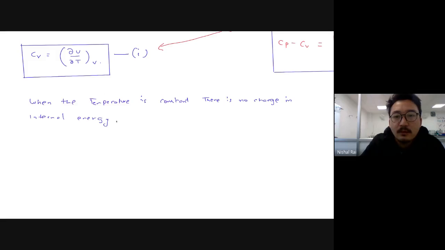This is very important. It was experimentally proven that when there is no change in temperature, there is no change in internal energy.